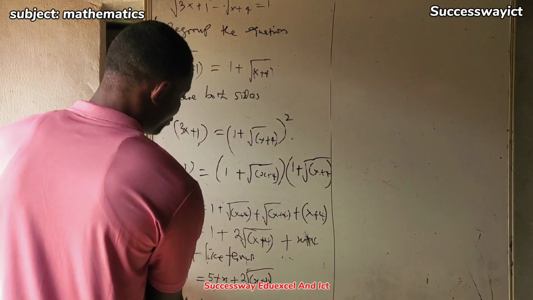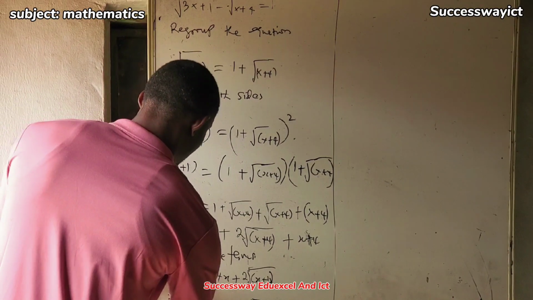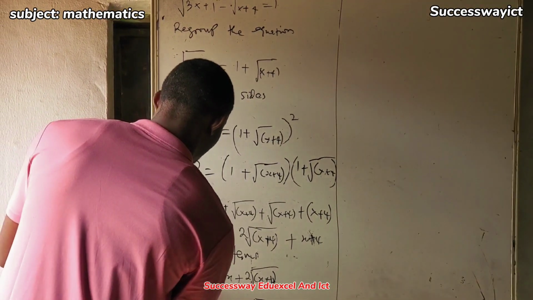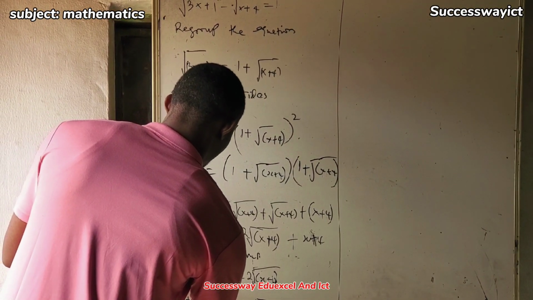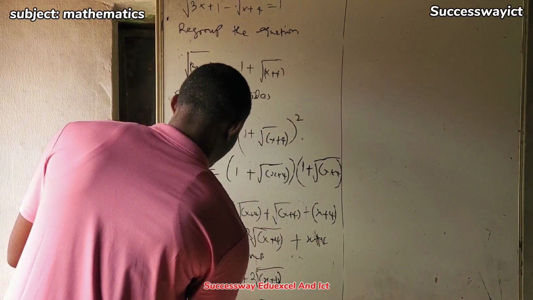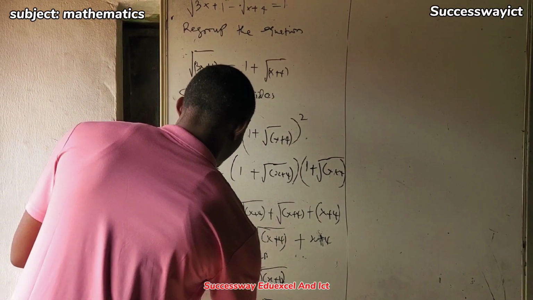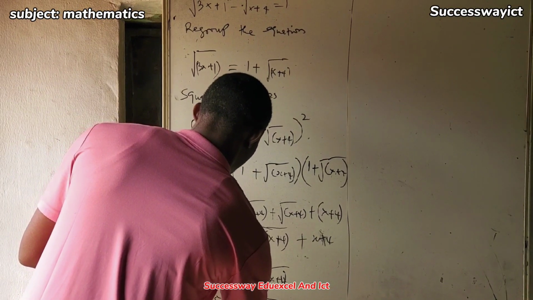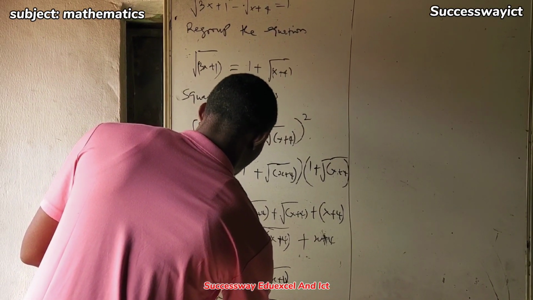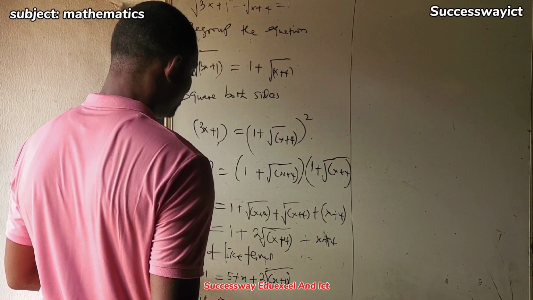I can factor out 2 from this side. I have 2 times x minus 2 is equal to 2 root x plus 4. Are we together?